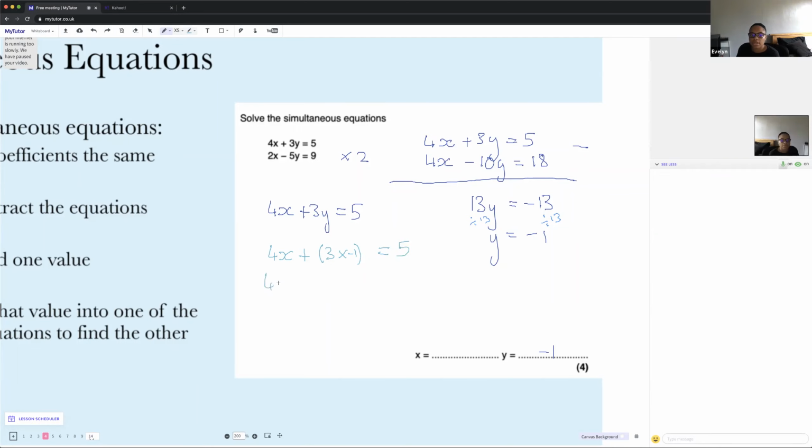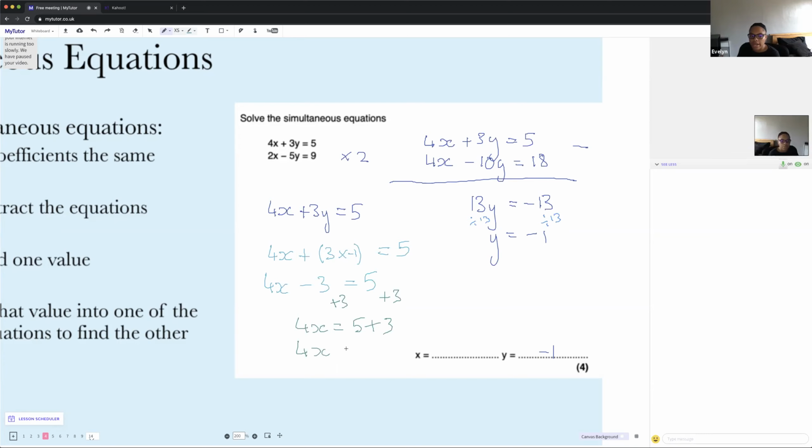Now, 3 times minus 1 is minus 3. So we've got 4x minus 3 equals 5. And then we can continue to solve for x. So I want to get rid of this minus 3. So I'm going to add 3 to both sides. So I've got 4x equals 5 plus 3, which is 8.